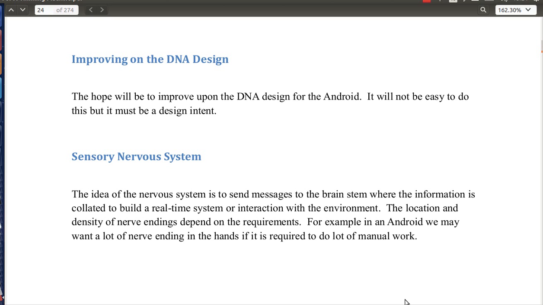This evolutionary design has been refined over millions of years, and there's a huge amount of detail in the different aspects of DNA that one would need to study deeply, and you could probably spend a career just focusing on little pieces of it. But the idea would be, let's take a look at DNA at a high level and see if there is anything we can improve upon.